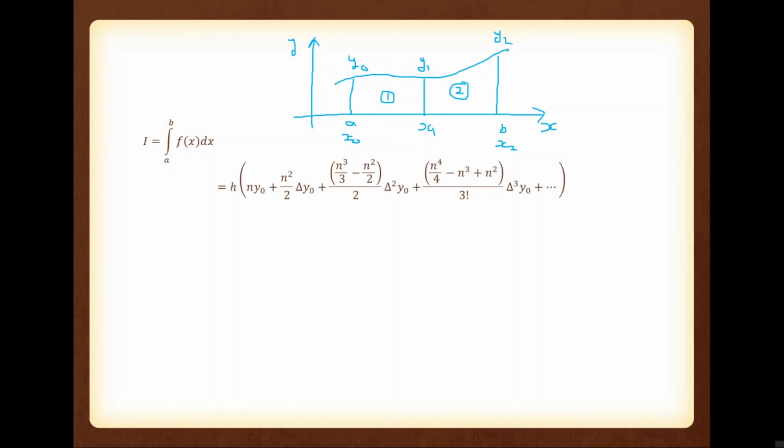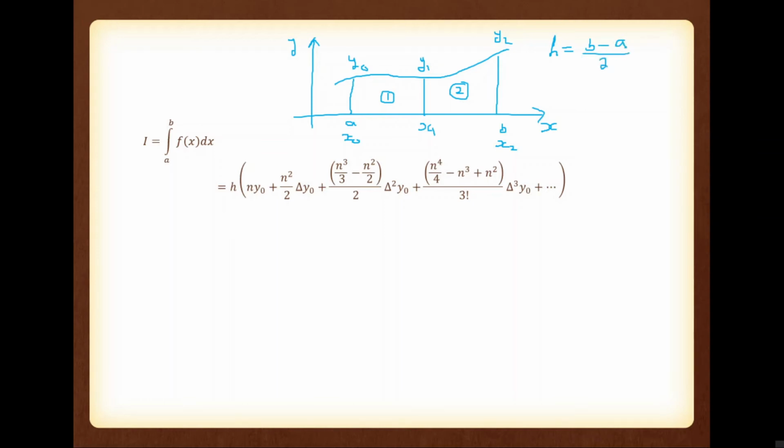So now if you have 3 points, or two equal subintervals, what is this width? What is the h value here? H is equal to x1 minus x0, or if we have the initial value a and b, we can directly find h, that is b minus a divided by 2.